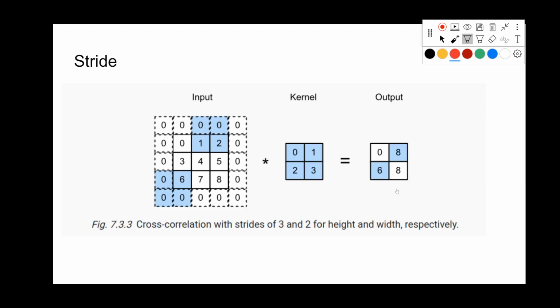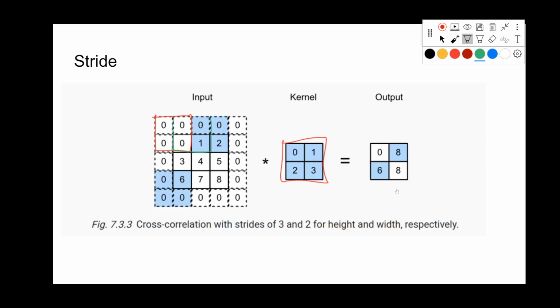Okay, so the next thing we need to discuss is the stride. In the previous example, if we multiply these two matrices, the first one is here, and then the second one, if we move it by 1, will be this one.